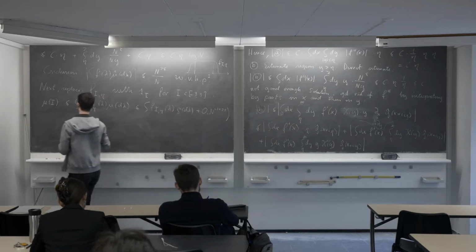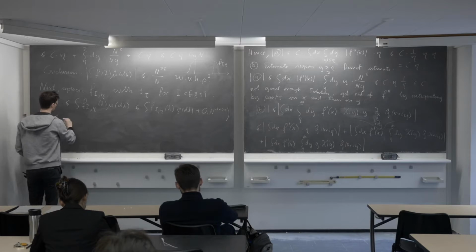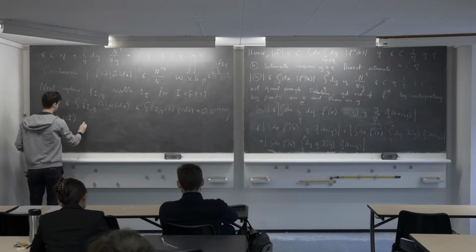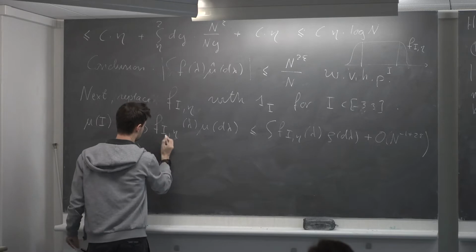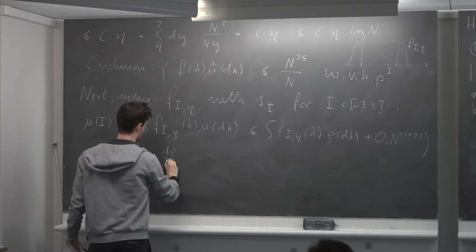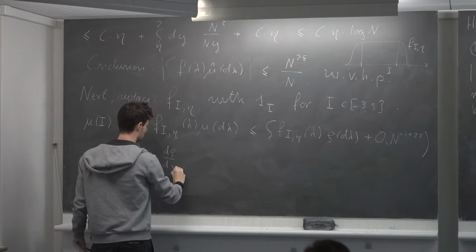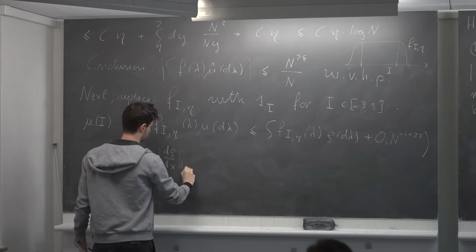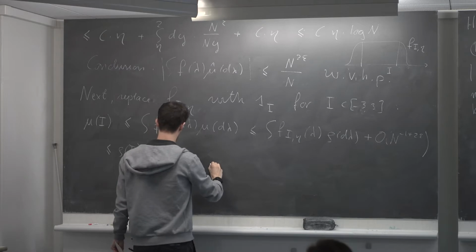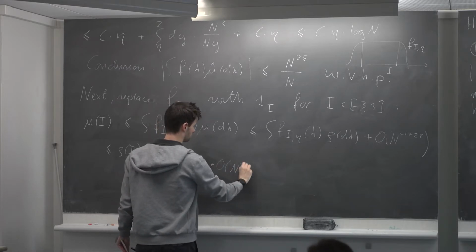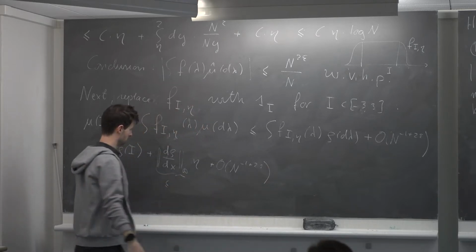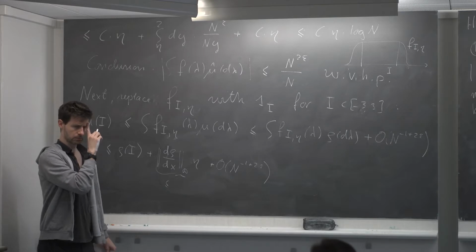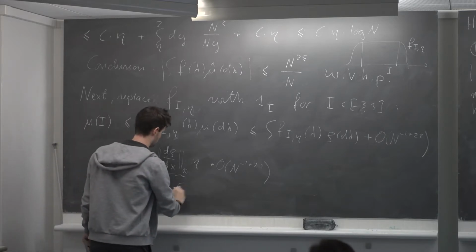So this is bounded by rho of I plus the L infinity norm of d rho over d x, maybe I should call it, times eta plus, and this thing is bounded by, in fact it's bounded by 1 I think, but we don't really care, it's bounded by some constant.